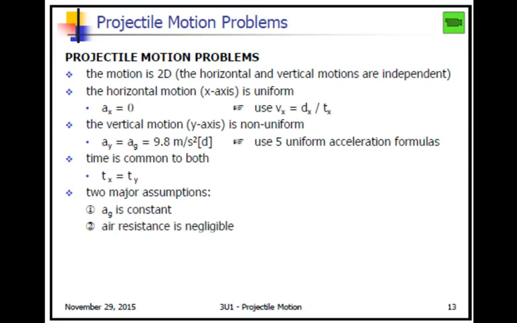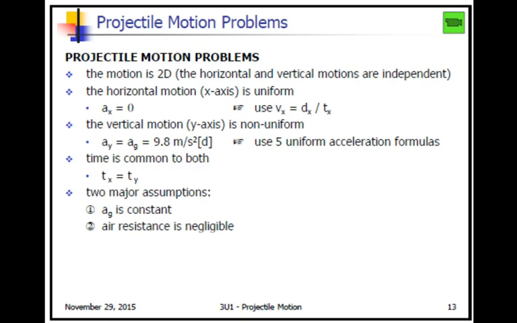So this is a very important slide to copy down for projectile motion. To solve these problems, first note that they are two-dimensional. There's horizontal and vertical motions to consider. When we're looking at the horizontal x-axis motion, it's uniform. a equals 0, so we use v equals dx over tx.